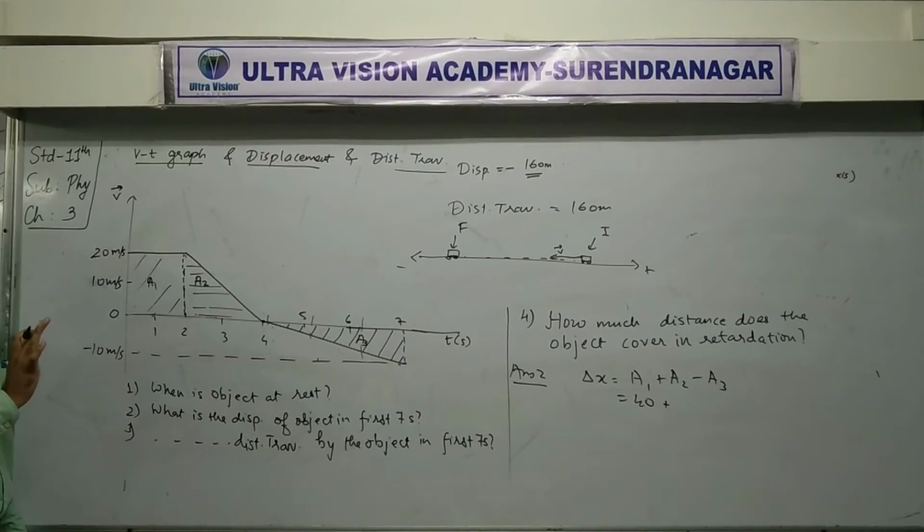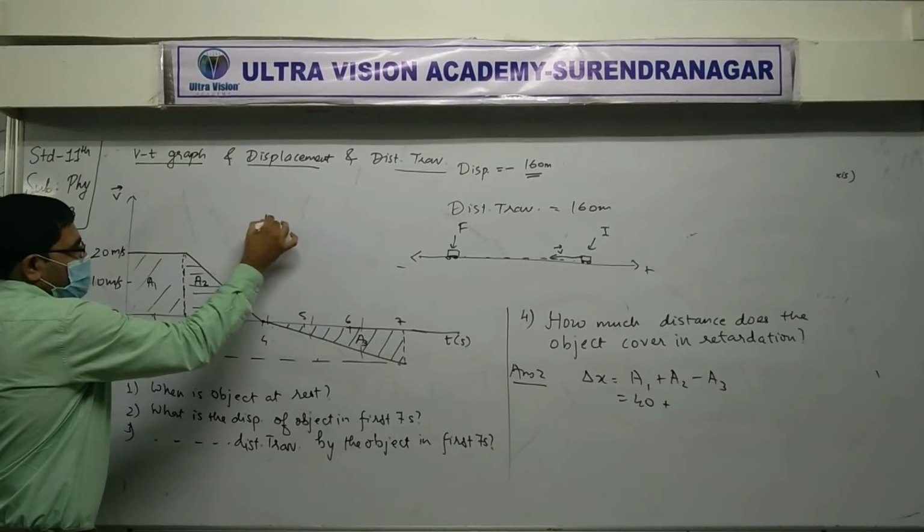How do you get there? Time multiplied by this, 2 into 40, and divided by 2. Why divided by 2? It's right. It's a triangle. That's why divided by 2.